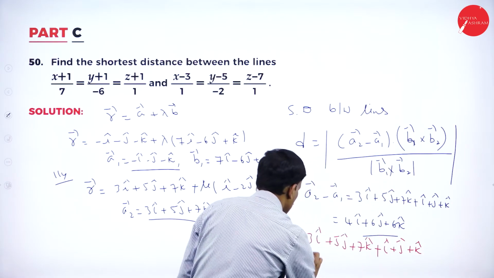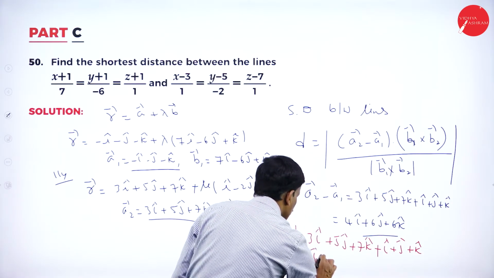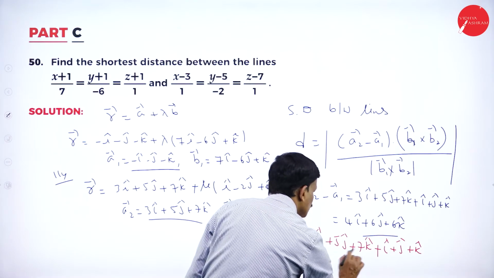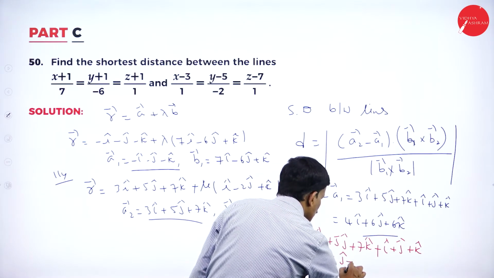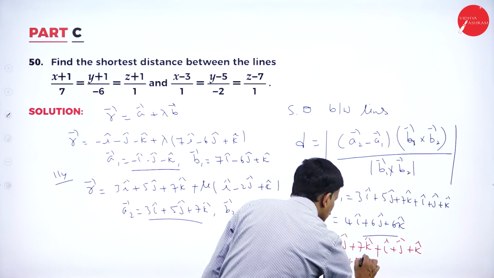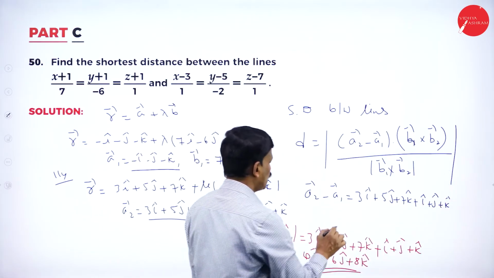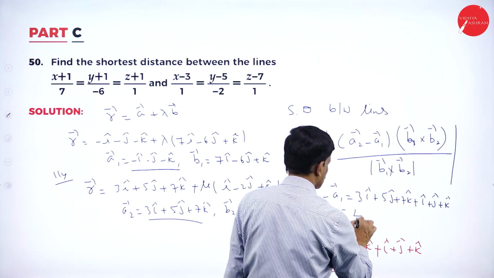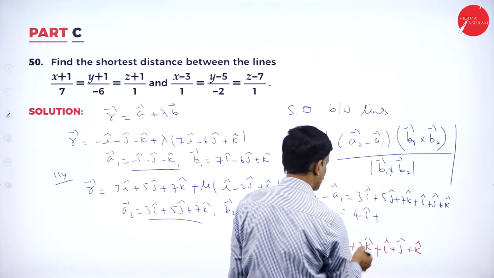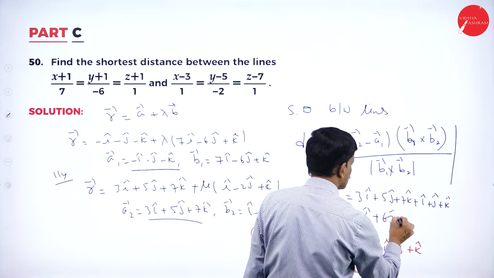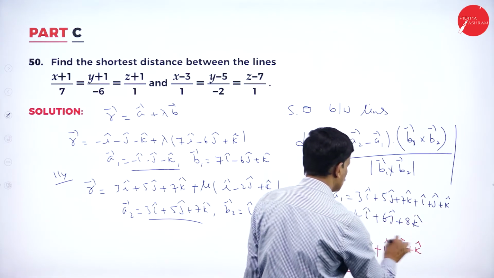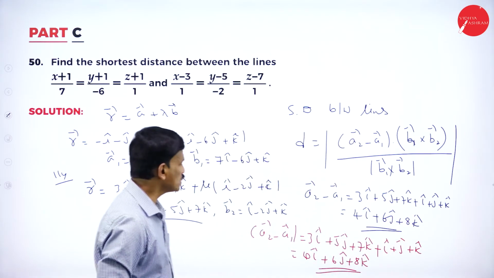So this is nothing but 3i plus i is 4i, 5j plus j is 6j, again 7k plus k is 8k. Okay, this is 8k, not 6k. So if you add, what you are going to get? This is 4i plus 6j plus 8k. This is the value of a2 minus a1.